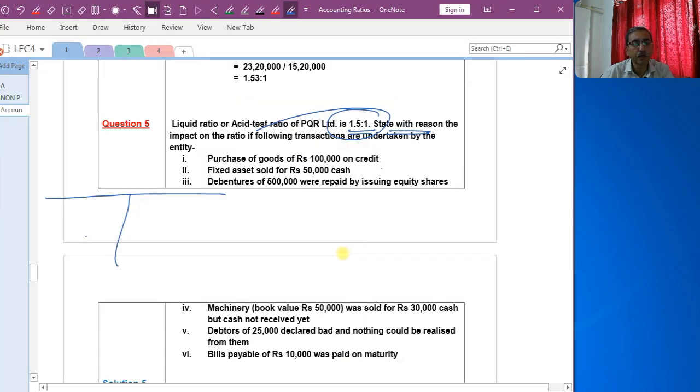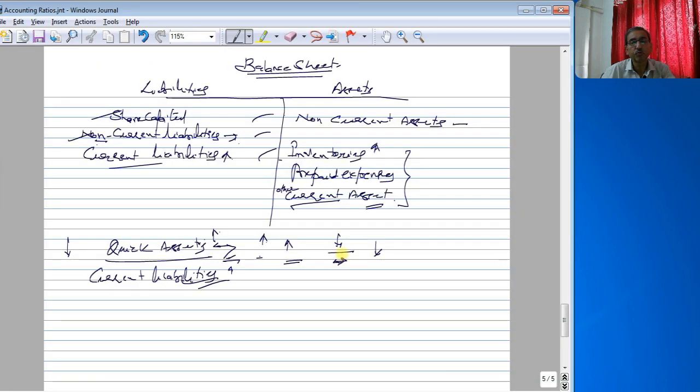And the last is bills payable of rupees 10,000 paid on maturity. That is the important point to note. The quick assets will go down because cash has reduced, and current liabilities also reduced because bills payable are paid on maturity.